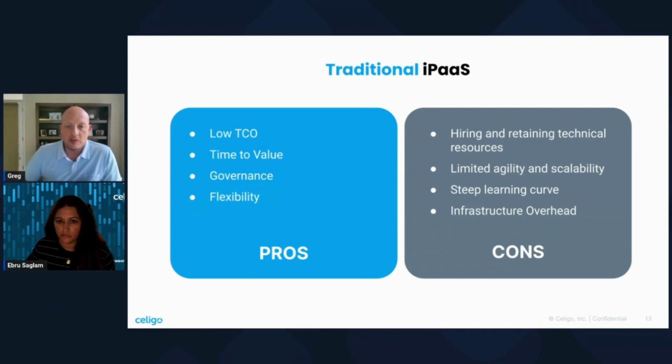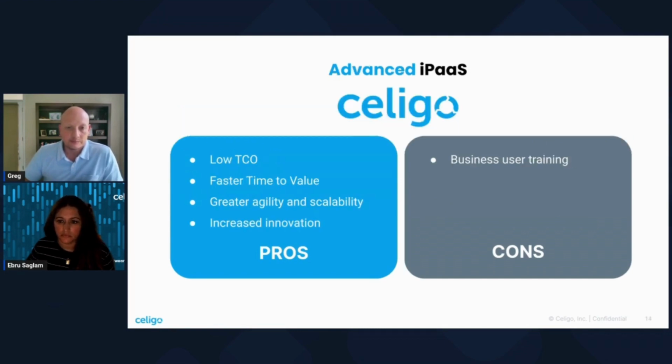So not all iPaaS are created equal. We always look for those ones that are very cloud centric. So that brings us to Celigo. One of the reasons that we really like Celigo is that they have a low total cost of ownership. Yes, there's an investment in the subscription to the service, but they have a large catalog of endpoints.